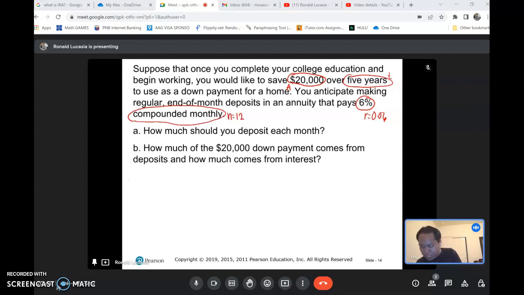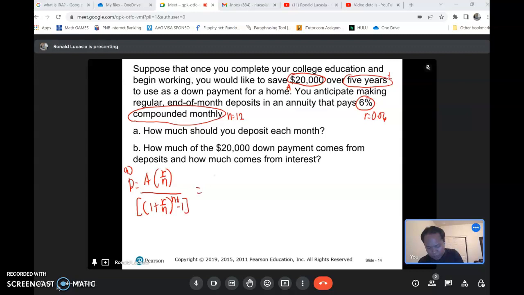Okay, so using the formula earlier, that's P, this is letter A multiplied by r over n, divided by 1 plus r over n, raised to the power of nt, minus 1.